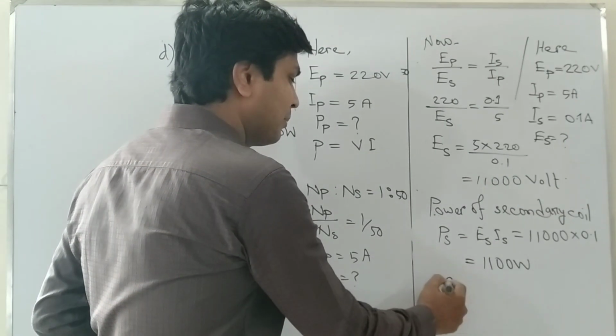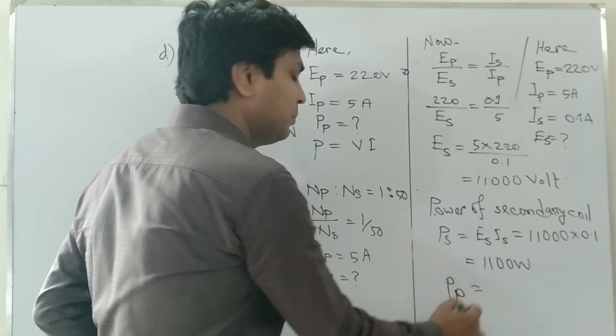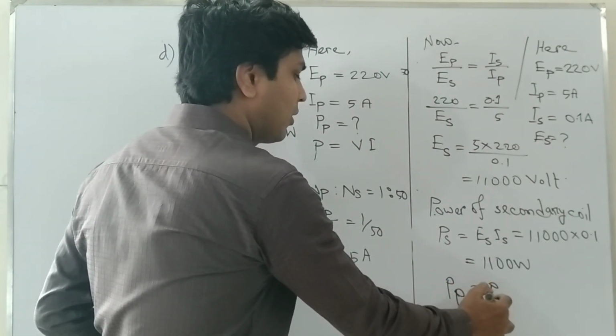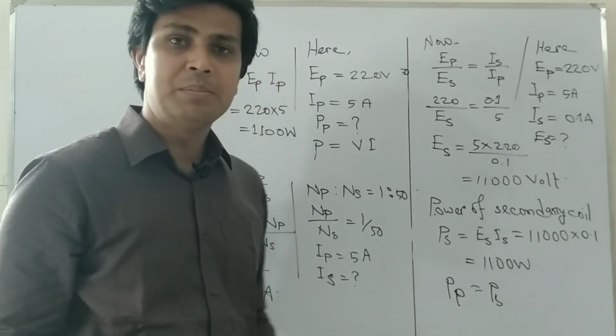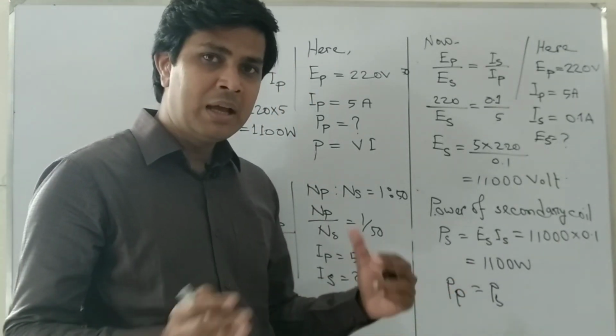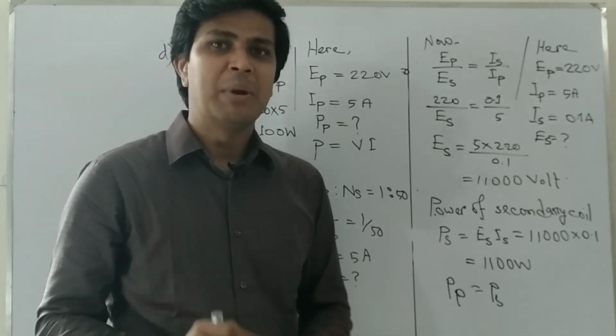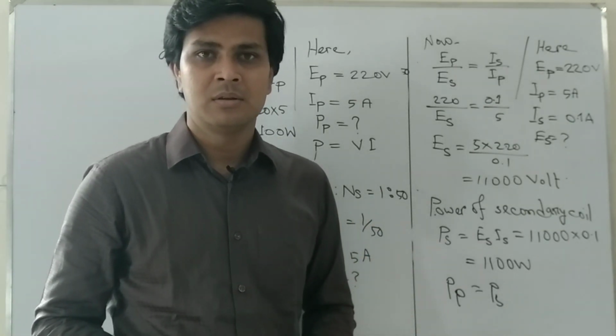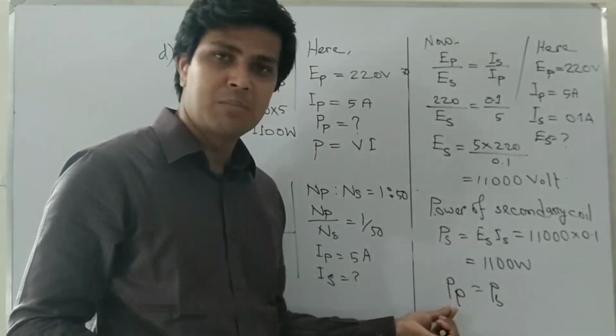So the power of the primary coil PP is equal to the power of the secondary coil PS. So the power of the primary coil and the secondary coil both remain constant. That is the answer to question D.